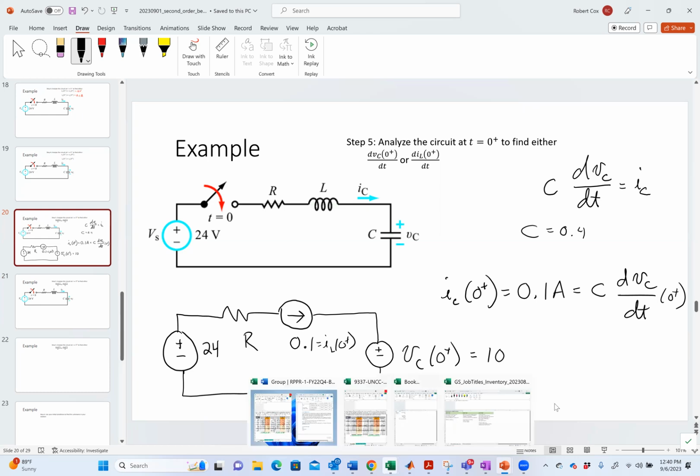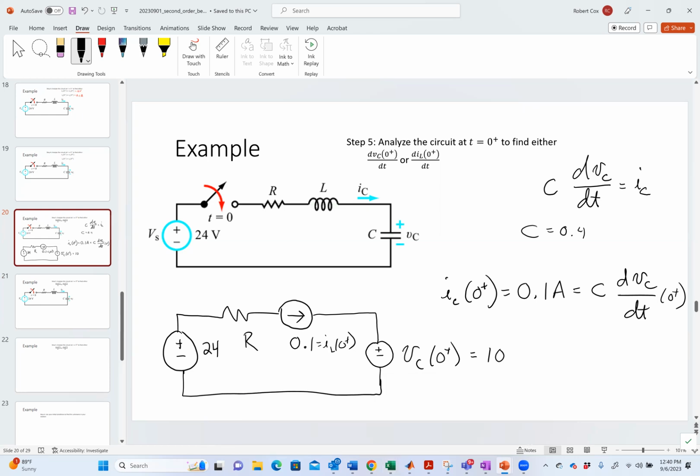So that tells me that dV/dt at 0 plus, if I do the math on that, works out to be 2.5 times 10 to the 5th.